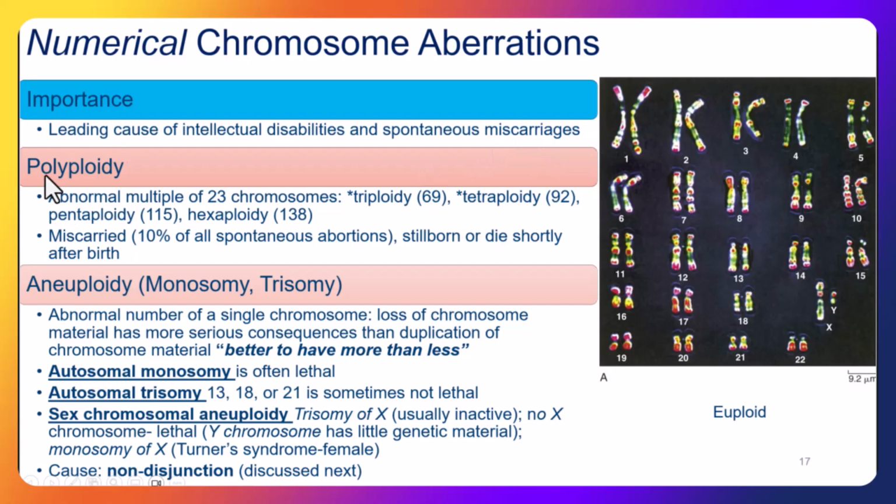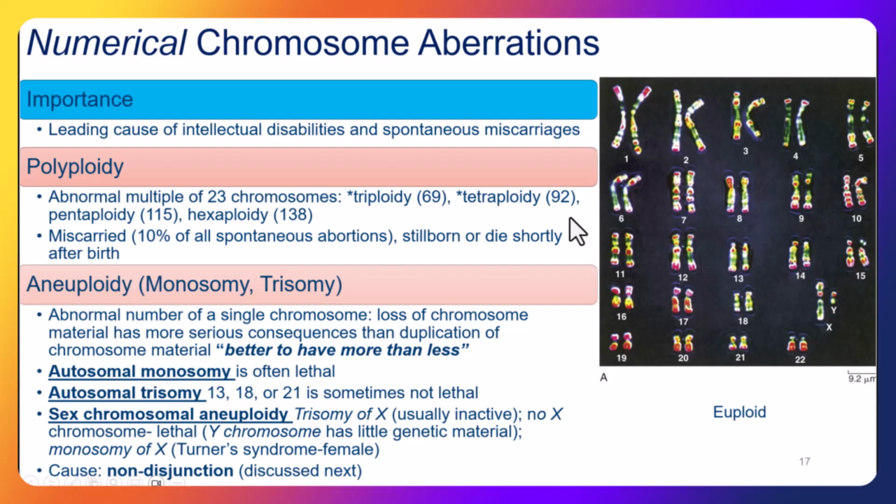First, polyploidy. Poly means many. Polyploidy refers to having an entire set of extra chromosomes, an entire extra set of chromosomes. So instead of 46, so the 23 plus 23, so 46 is shown here, you might see 69. So 3 of each. We call that triploidy.